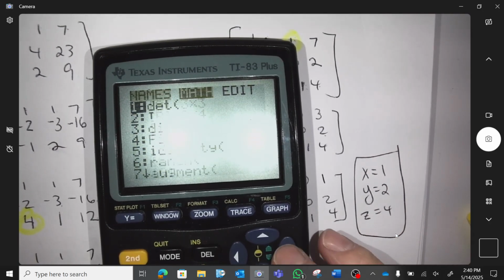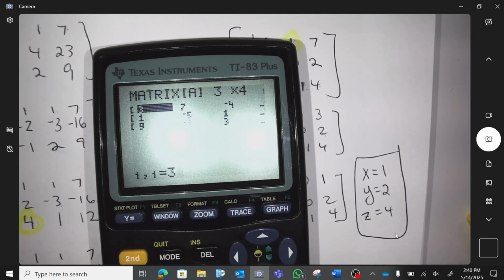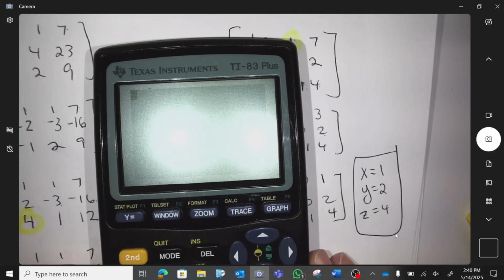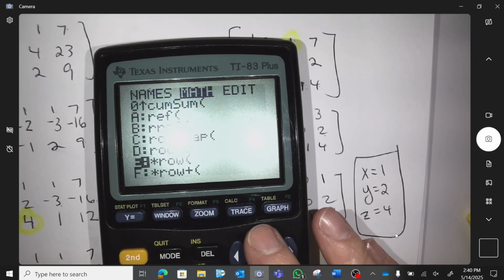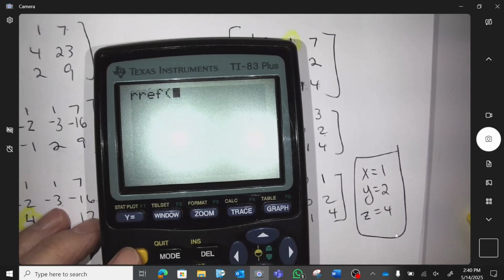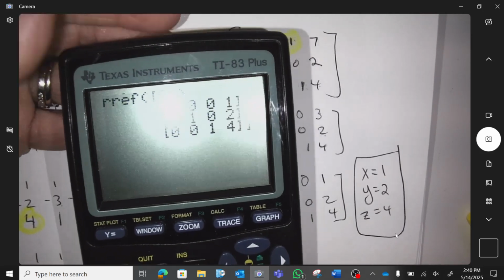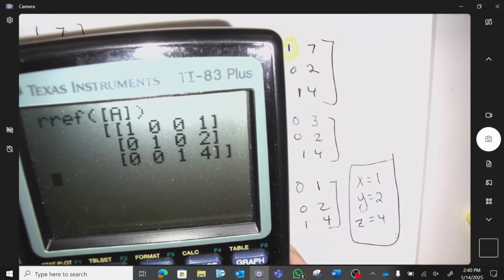So I'm going to edit to be a 3 by 4. 1, 1, 1, 7. 1, 3, 4, 23. 3, negative 1, 2, and 9. Okay. Matrix math of matrix A. Ready? There's my answer. 1, 2, 4, done.